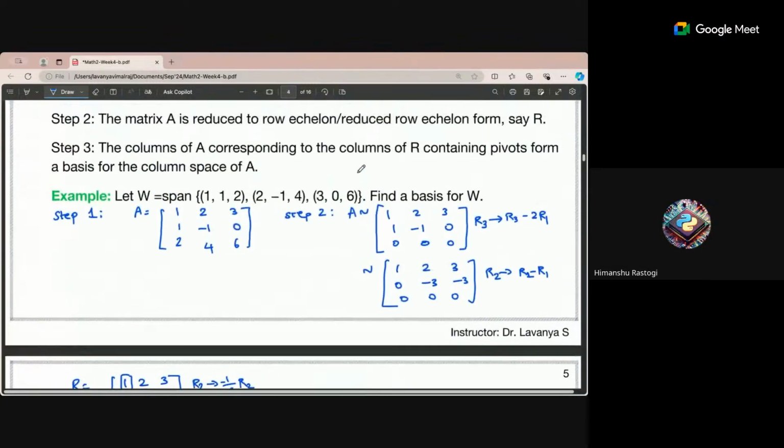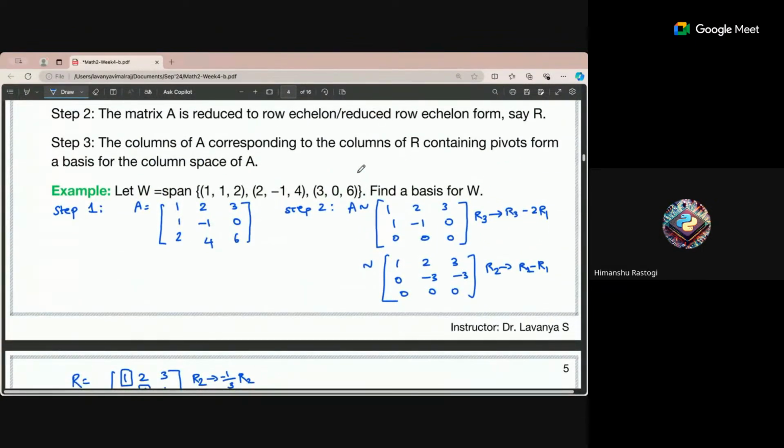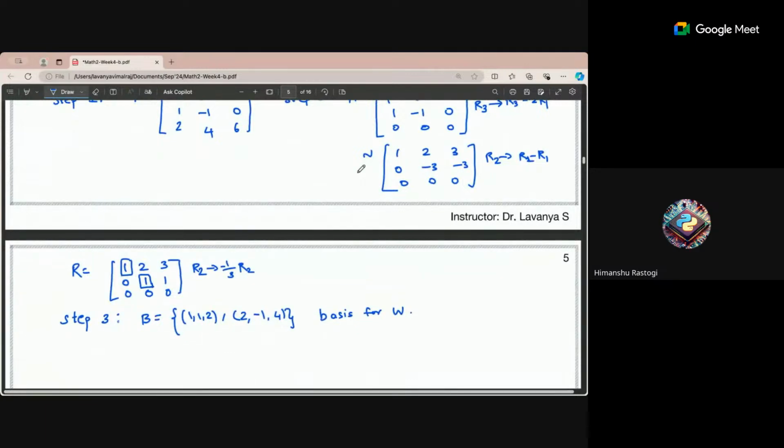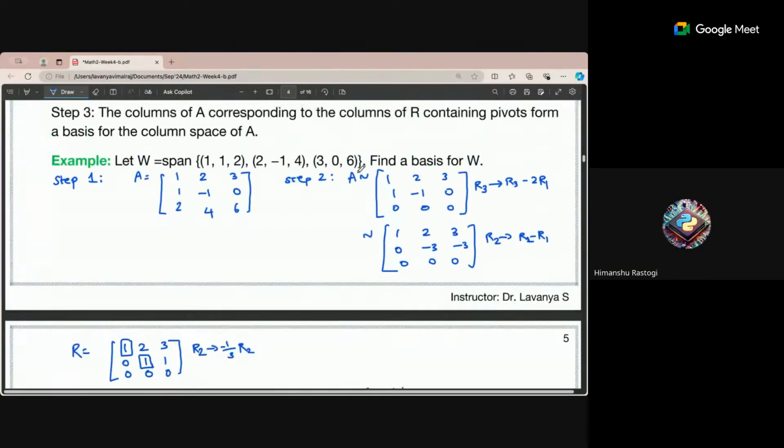I have no doubt about why I should choose this method, but I have a doubt about why this method works. In this method we say that the first and second vectors are independent, and the third vector is dependent on these two. But can we write the first vector as a linear combination of the second and third?